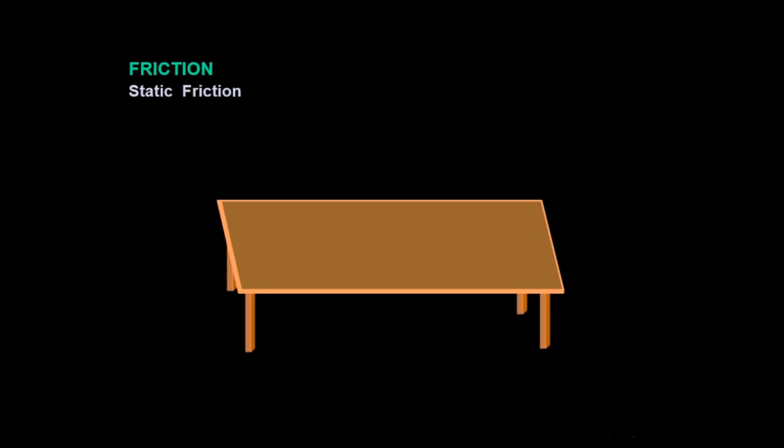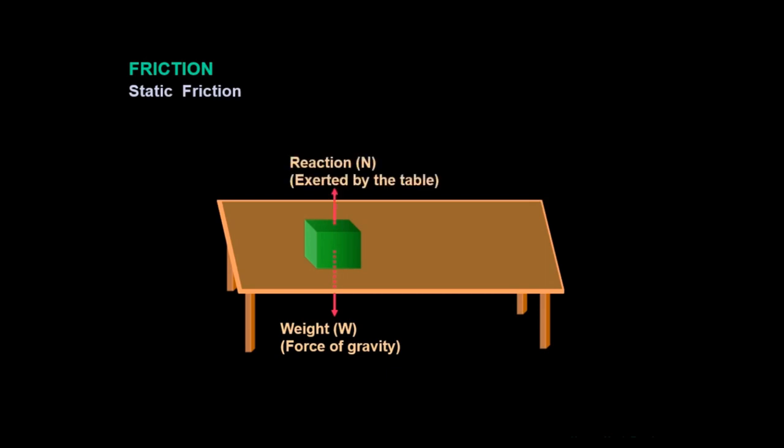We have an object which is going to be placed on this table, where the object will have a force of gravity acting on it, giving its weight equal to mg, and it will have an opposite force in the upward direction, which is termed the normal reaction force N, in the opposite direction.